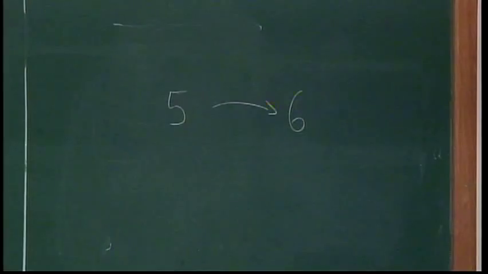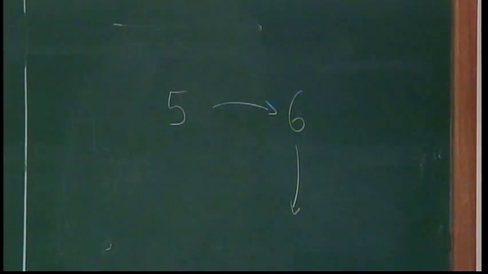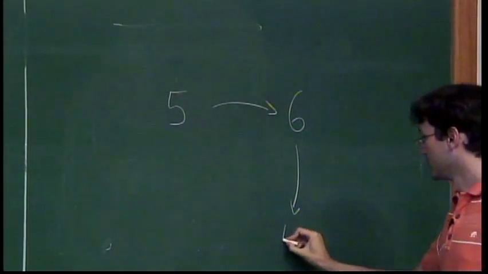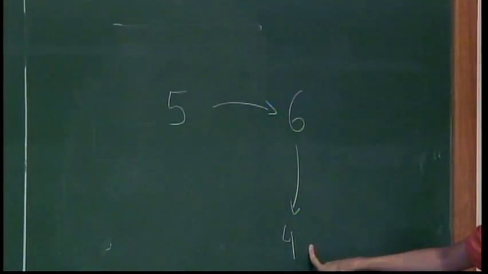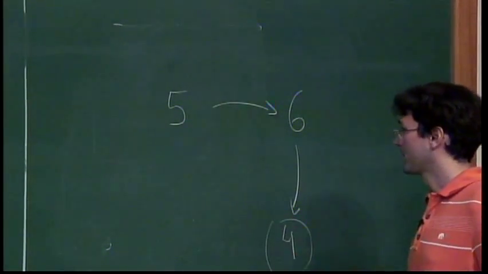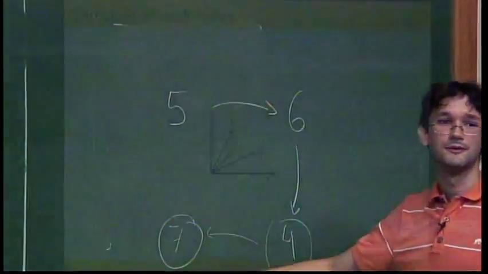But then we compare the 6 with a 4, and we prove that the 4 should always come before the 6. But then we compare the 4 with the 7, and we prove the 4 should always come before the 7.